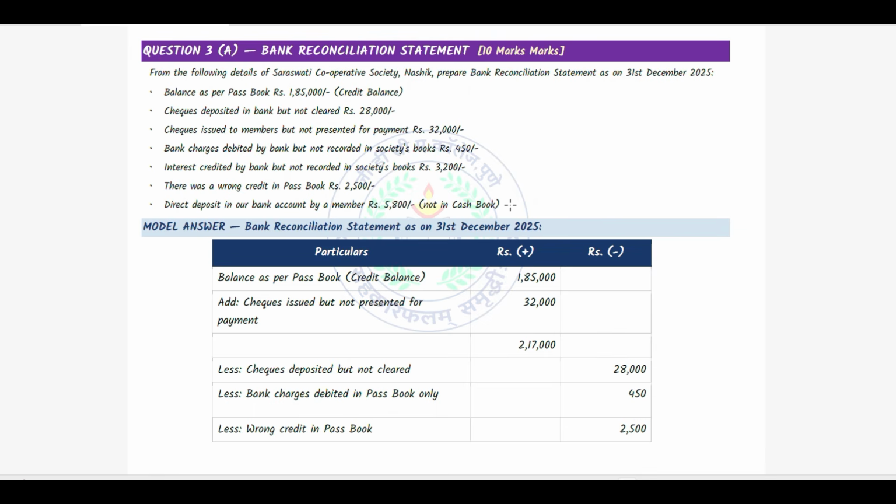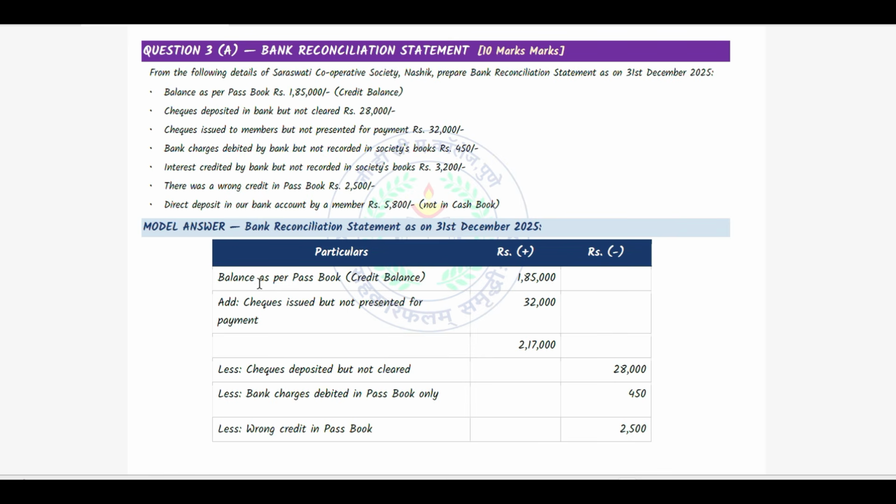As you can see, in bank reconciliation we have to make columns and divide into 3 parts. Number one, particulars. Then number two, plus amount and minus amount, so debit or credit, you can say.